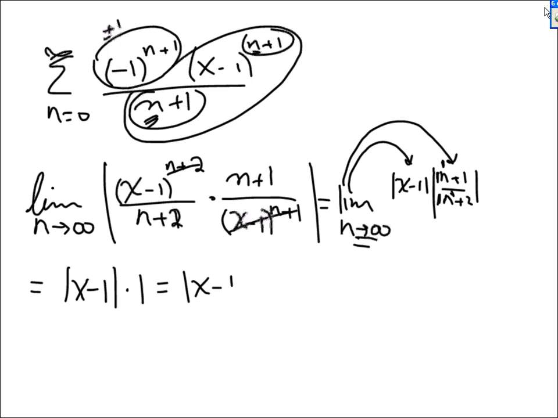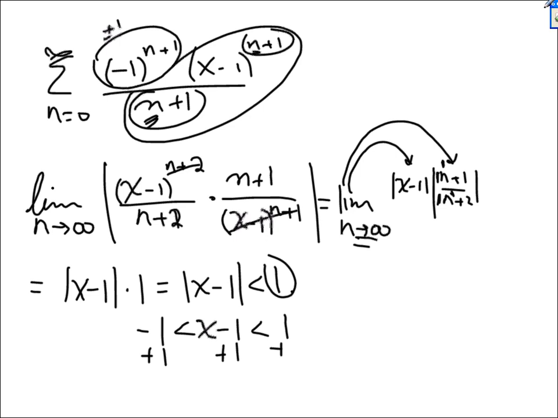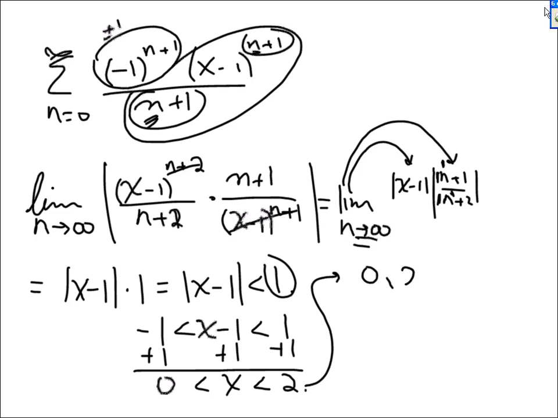So we get this, and we want that to be less than 1. So we get x minus 1 is in between -1 and 1. Add 1 to all three sides, and we conclude that x is in between 0 and 2.